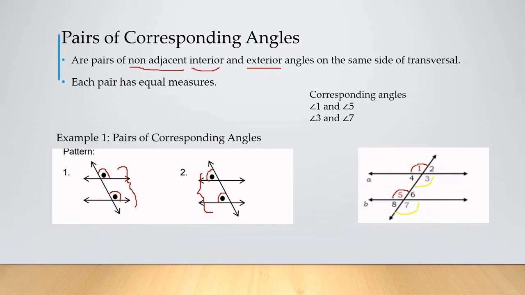Exterior and interior angle on the same side. So, again, each pair has equal measure. So, if the measure of angle 1 is 120 degrees, therefore, the measure of angle 5 is also 120 degrees. Okay? So, each pair has equal measures.